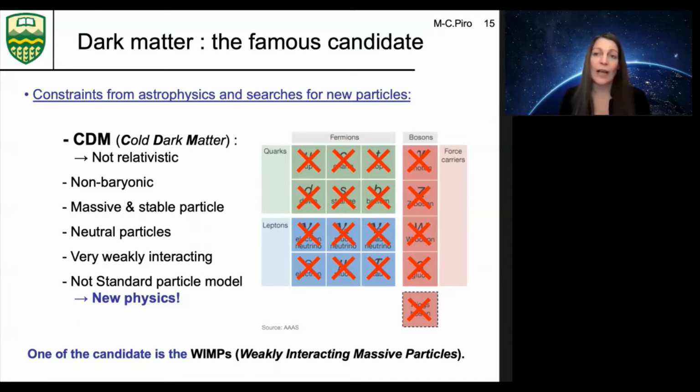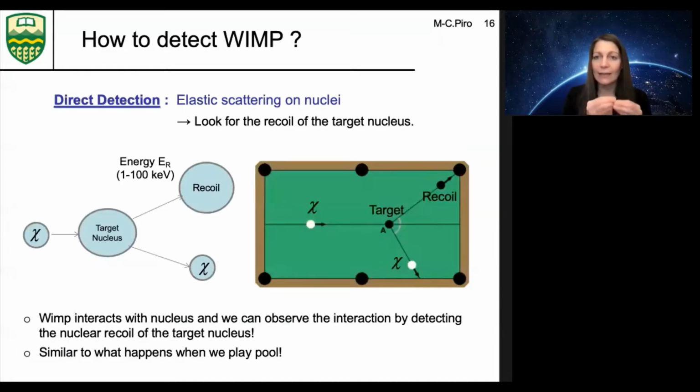So the next thing we should ask is, okay, we have this particle, how can we detect it? We can detect it directly. This is what we are building detectors for. And what we are looking at is, in fact, the elastic scattering on nuclei. So experimentalists try to look for the recoil of the target nucleus. We have a particle of dark matter interacting elastically with the target nucleus inside our detector.